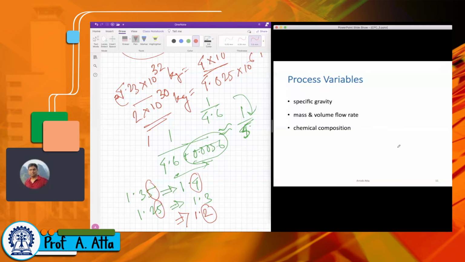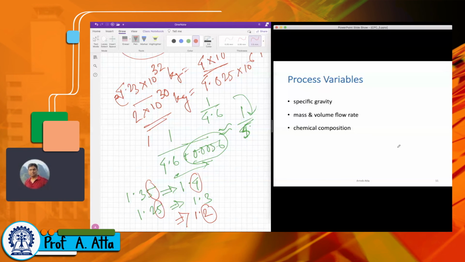First of all, let's start with specific gravity. What is specific gravity, and how does it relate to density, with water as the reference fluid, which we typically take?